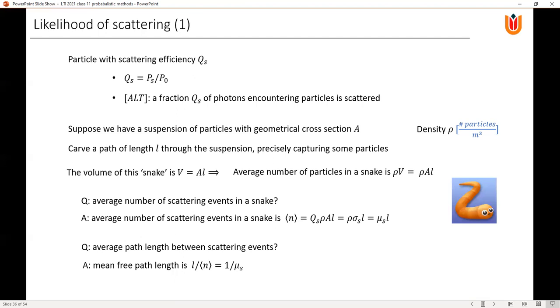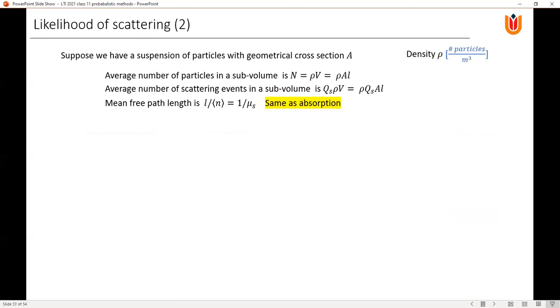Start with Beer's law. We calculated that the mean length before absorption was 1 over mu a. Now, from a little bit different perspective, we have the same result for the scattering. So what that basically tells us is that it works just the same as it does for absorption.